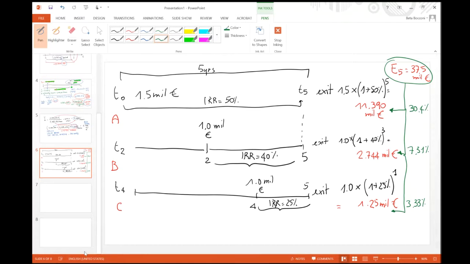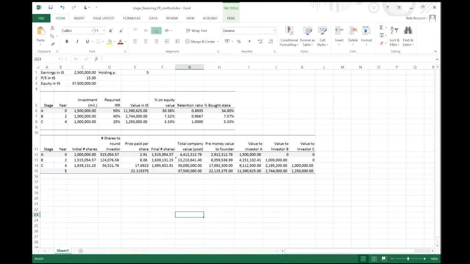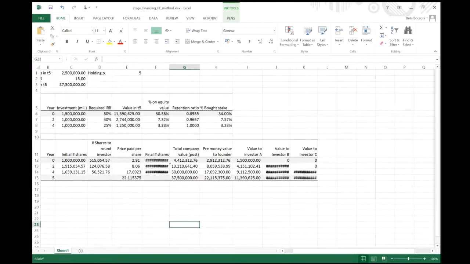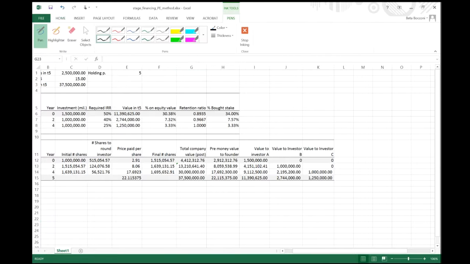If you take a moment and you have the possibility to retrieve the Excel file that I have uploaded in your Blackboard, you can immediately see that these three numbers are the ones that I'm showing in this part of your Excel file. Look carefully. What we see here is the years 0, 2, and 4.